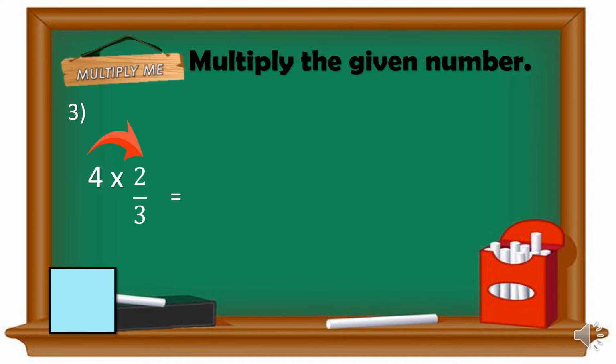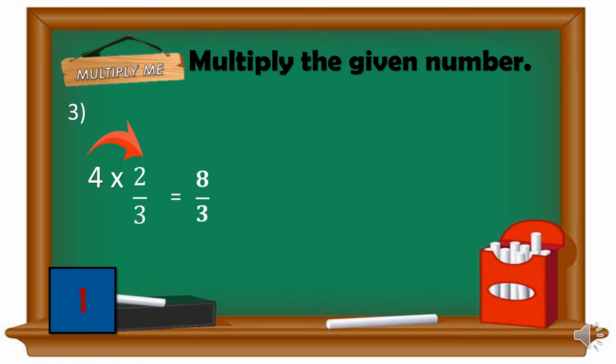Okay, next number 3. We have 4 times 2/3. Okay, so the answer is 8/3, or 8 thirds. We have 4 times 2, we have 8, and then we copy 3, or this is multiplied by 1 times 3, so the answer is 3.